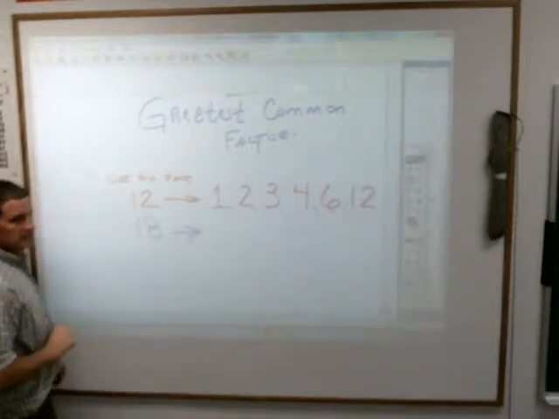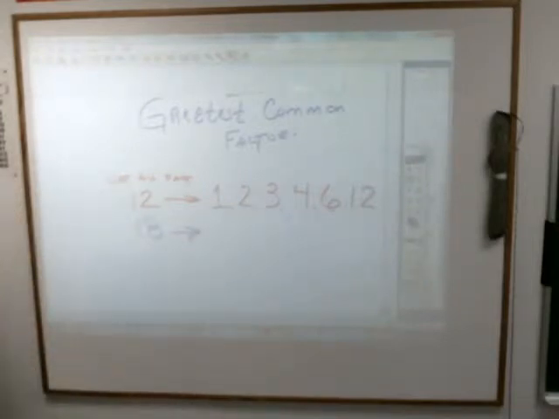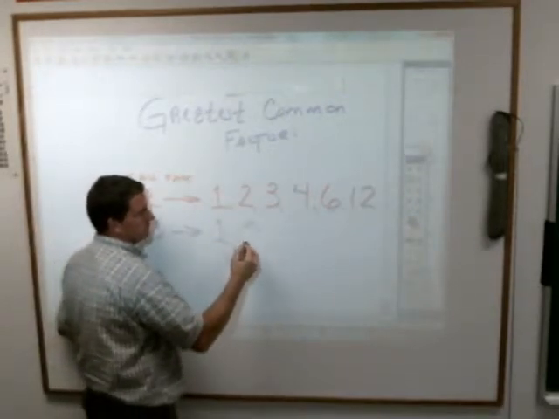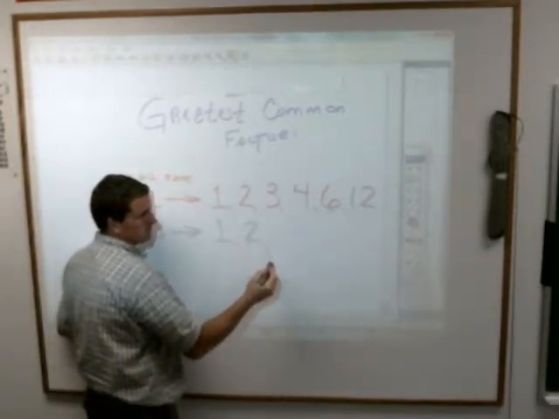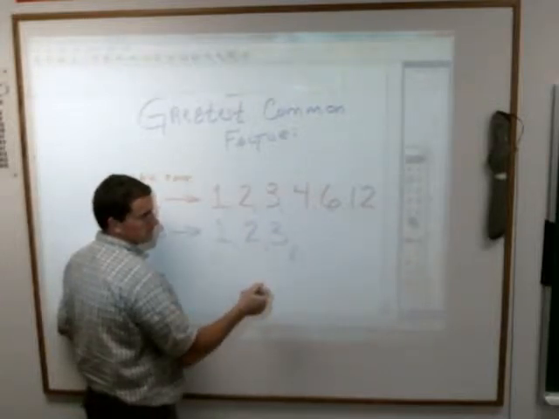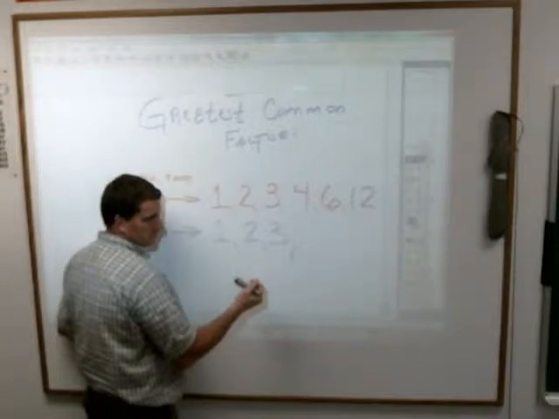Factors of 18, Bella, would be 1, 2, 3, 9.